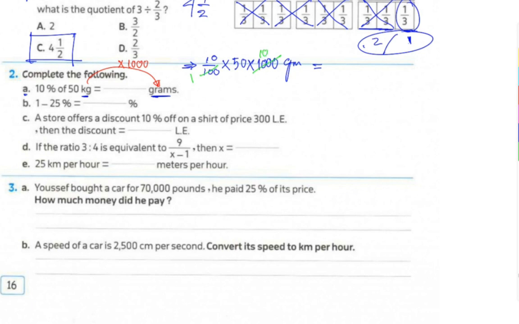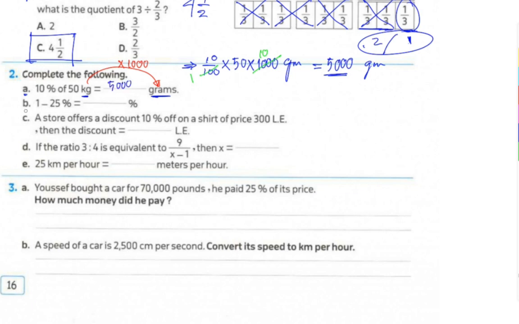Okay? Now I have 10 times 50 times 10. So 1 times 5 times 1, that's 5. And then I have 3 zeros. So the result will be 5000 grams.